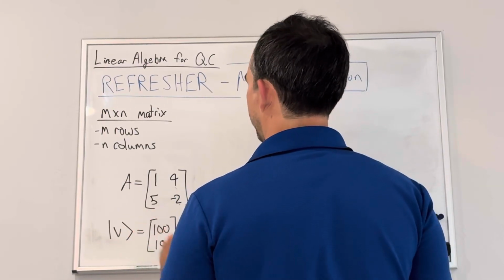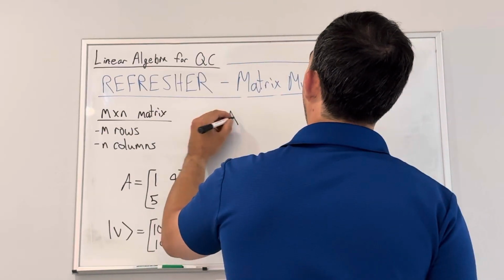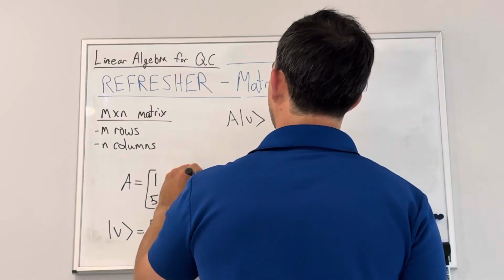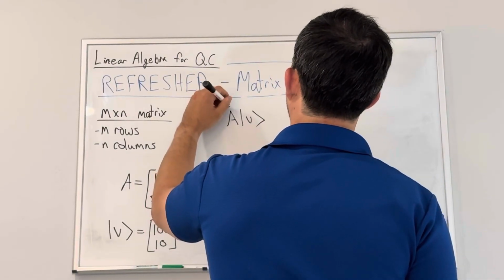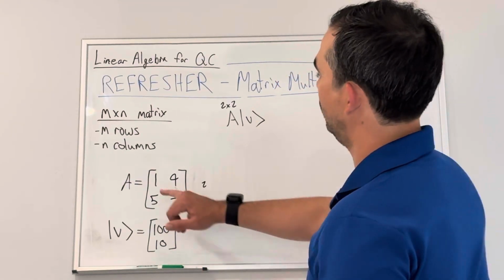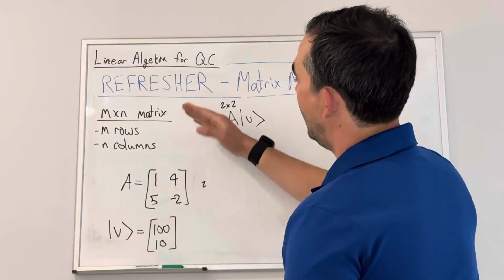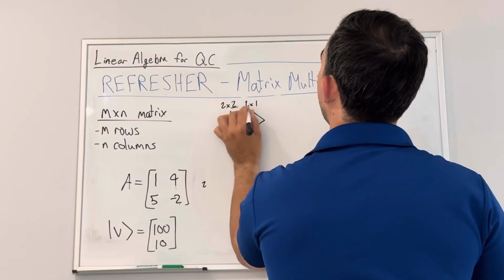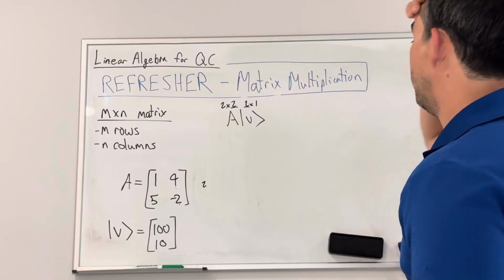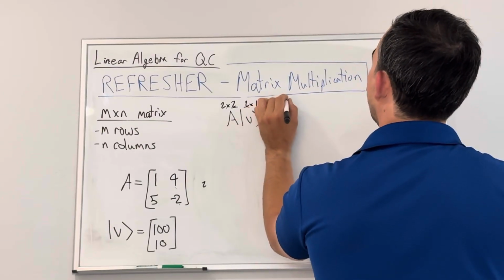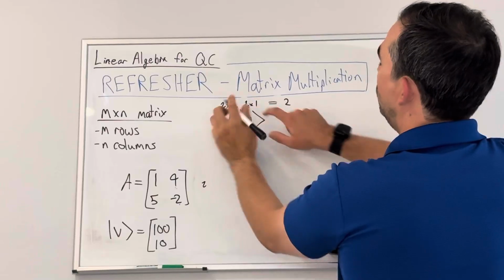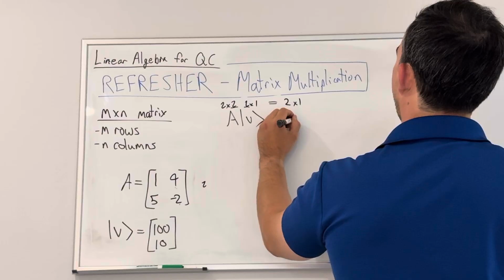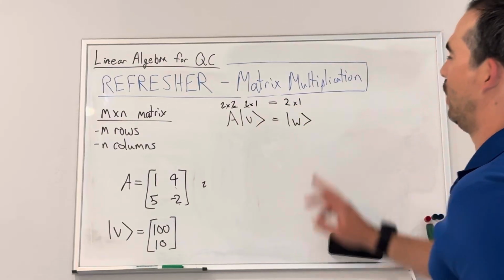So A times V. A is 2 by 2, so it has 2 rows and 2 columns, and V has 2 rows and 1 column, so it is a 2 by 1. Great, my middle numbers line up, so I can multiply these 2 together. What I'll get at the end is the outside numbers, 2 and 1, a 2 by 1 matrix. I'll call this W for now. I happen to know that it's going to be a vector.